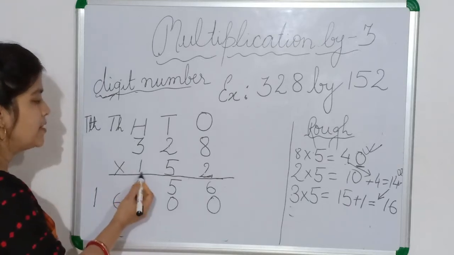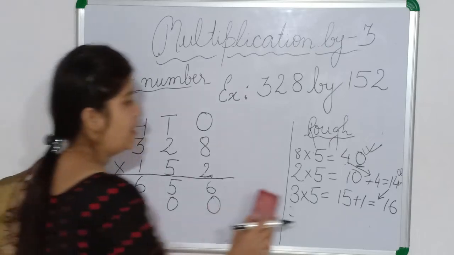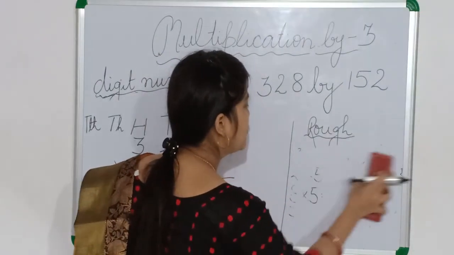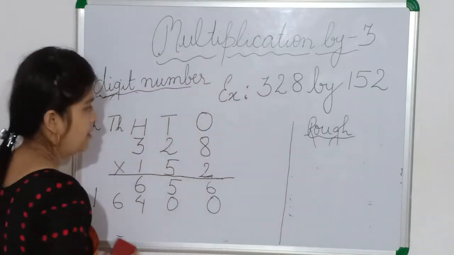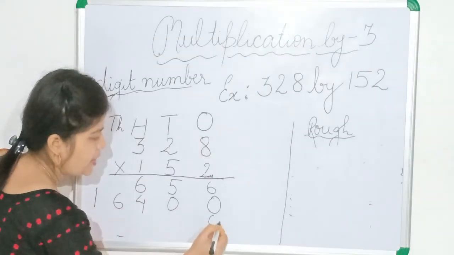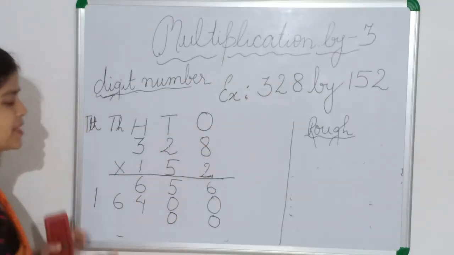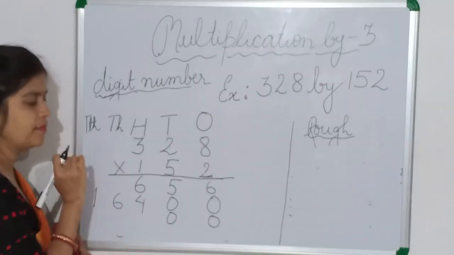Now in third step I have to multiply the digit which is in 100 place. And when you multiply the digit which is in 100 place, first you will put 0 in a ones place and then 0 in tens place, and from 100 place we will start multiplying, okay? Because I am multiplying the number which is in 100 place.